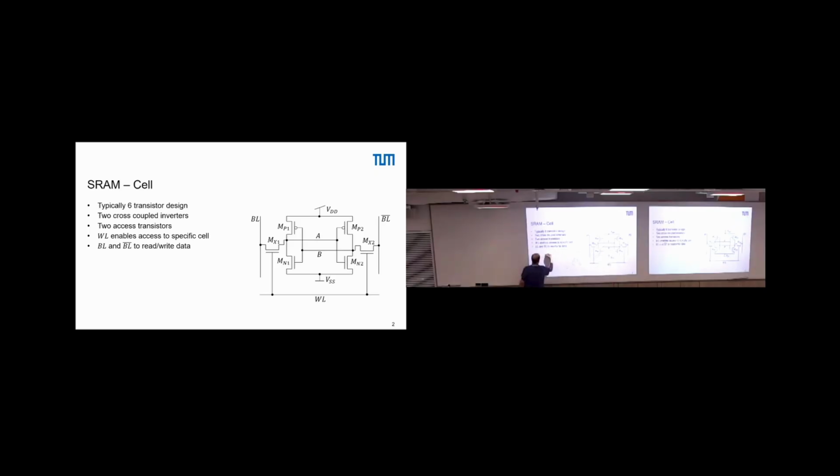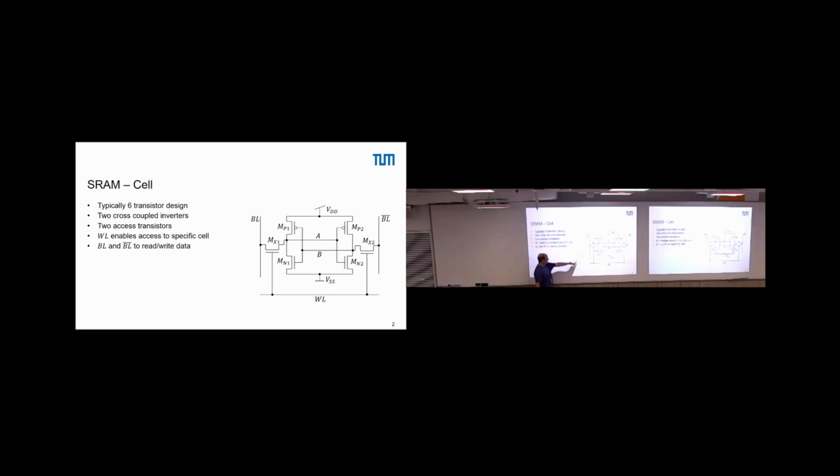Okay? Then this is actually our diagram that we want to draw. Now what happens at the beginning, if we have V in at 0 volt. Here we have VDD, here we have ground. Initially we are at VDD because our PMOS transistor is conducting, right?